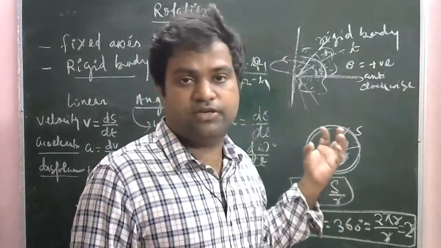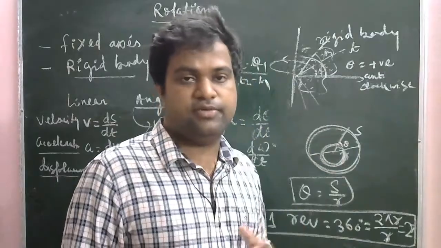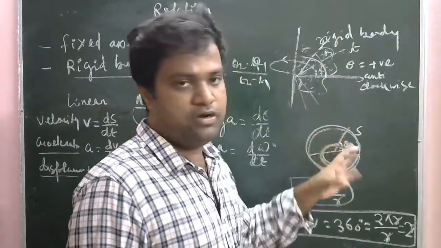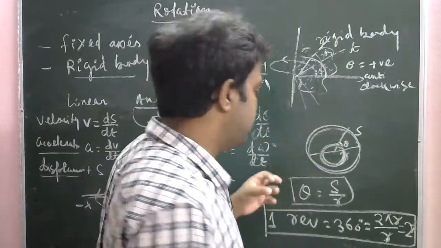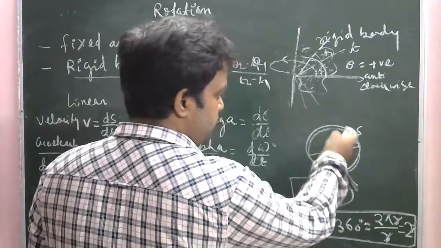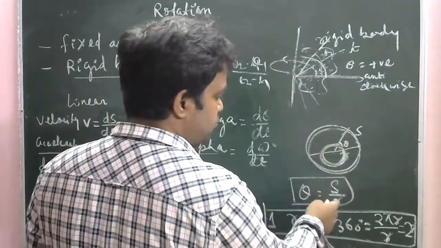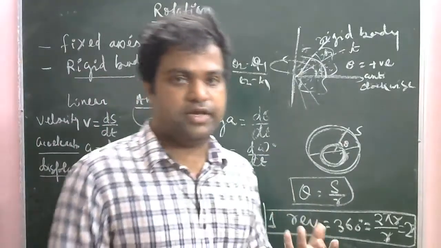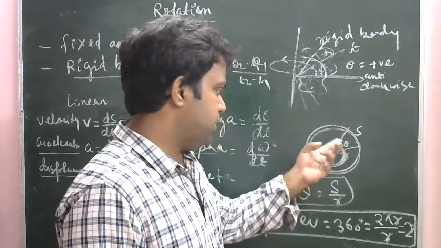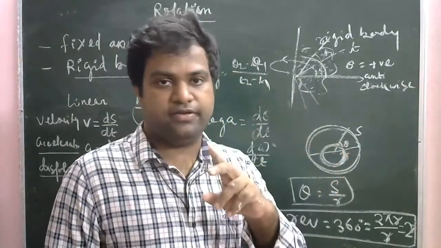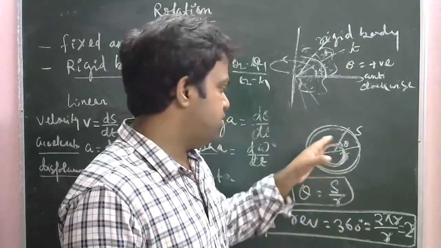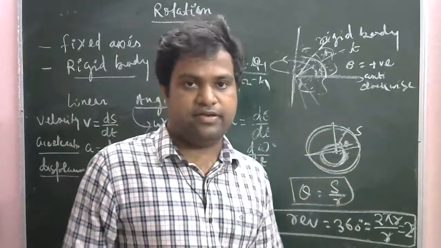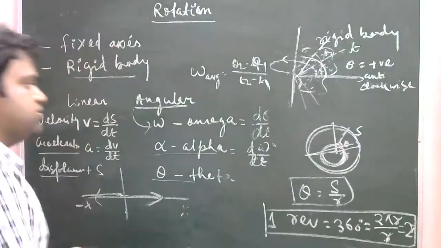This constant irrational number is a very important number, so that we can find the perimeter or area of a circle using it. So the ratio of the perimeter to the radius gives you theta in radians, and one total revolution is 2 pi radians. Accordingly you can calculate: 90 degrees is pi by 2, 180 degrees is pi radians. Like that you can find the relationship between them.